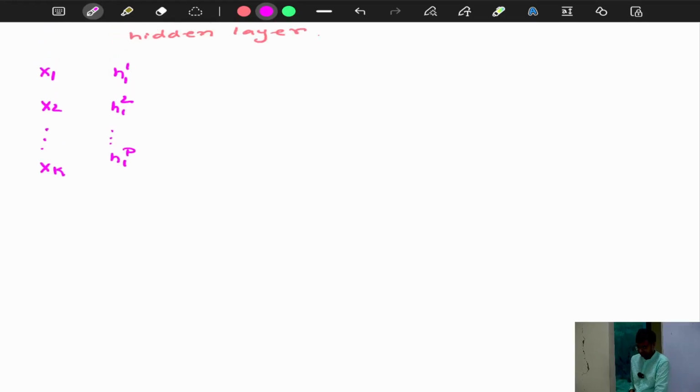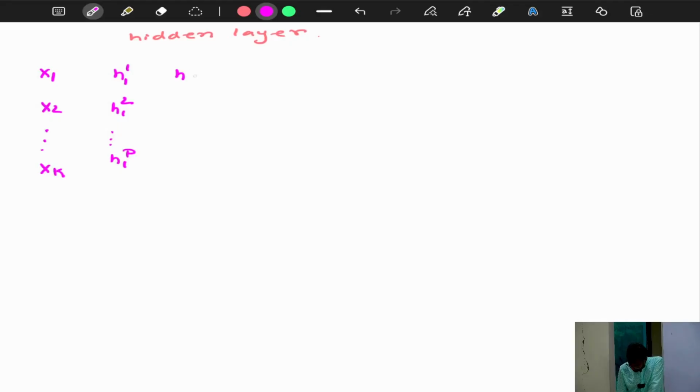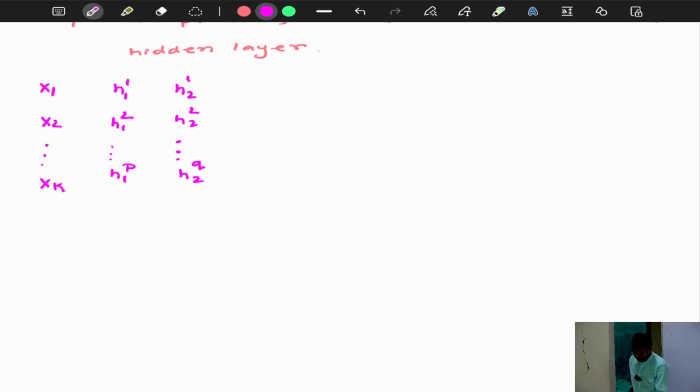You can see that I changed the notation because now there will be at least two of these h. h21, h22, h2q. Now, you can see that each of these layers can have a different number of neurons. It is not necessary that the hidden layers have the same number of neurons. And then you can have multiple y as well, but I am going to draw only one.